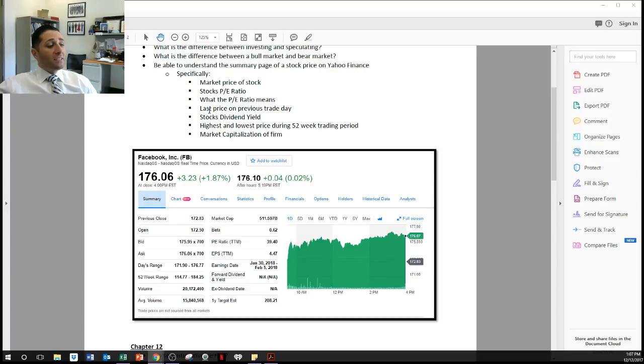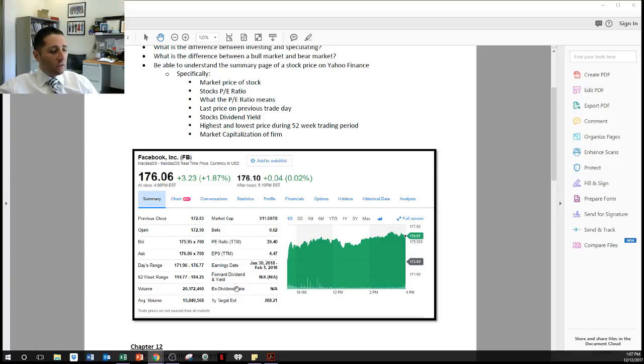What is the last price on the previous trade day? Well, that's easy. It says previous close, 172.83. So you know that that's where it closed at yesterday. And it's different from the opening price, because there is after hours trading. But you see it's very, very little because the markets are closed. So it closed at 172.83. Stock's dividend yield.